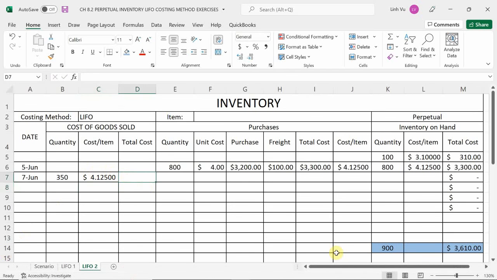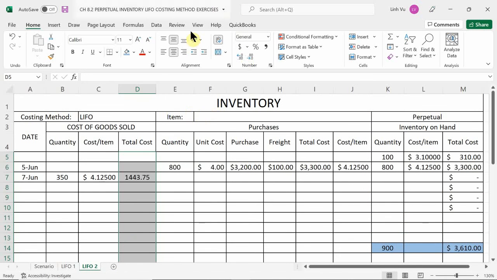So in this case, what is my total cost of goods sold here? Okay, 1,443.75. Good.